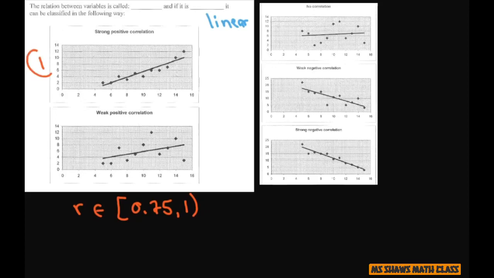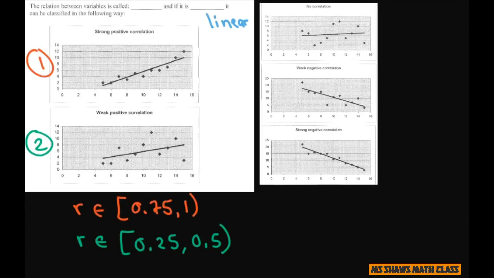So that's for this one. For weak positive, R is an element of, or we can say in this case, in between 0.25 and 0.5.